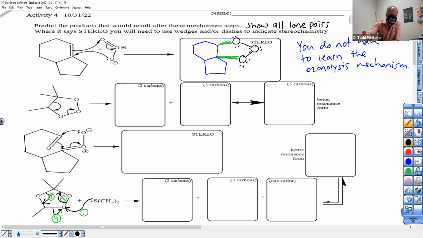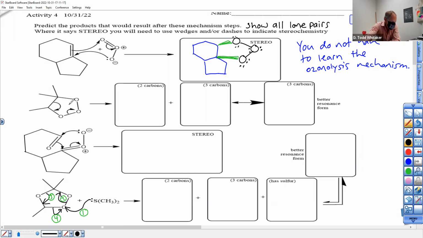Now you see what I was talking about earlier? See, this intermediate looks a lot like this one. They just have different carbon skeletons attached. So I'm showing the next step of ozonolysis with a different molecule. So here's your lysis, right? That's a cut. You're going to have a piece with 2 carbons and a piece with 3 carbons.